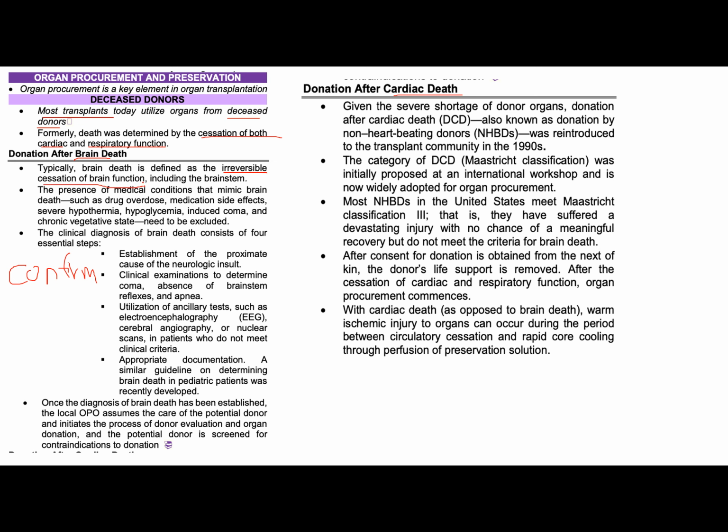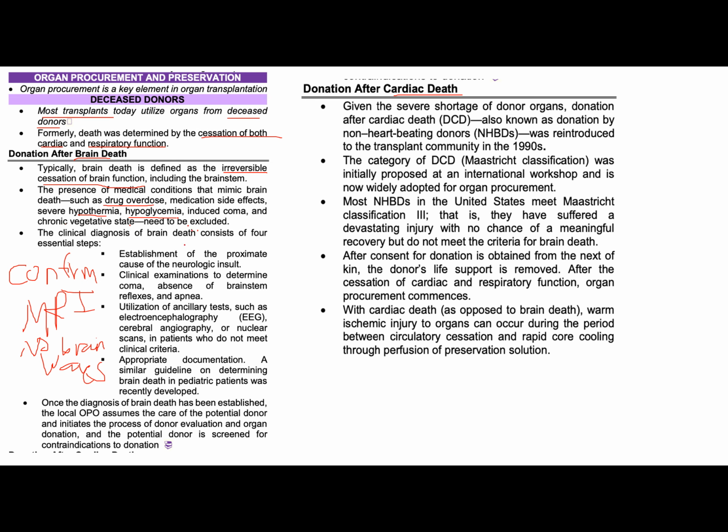From the word irreversible, class, the brain, pag in-scan mo yan sa MRI, the brain would show no brain waves. Basically, class, patay na talaga siya. Cessation of brain function, affecting specifically the brainstem. Now, the presence of medical conditions that mimic brain death, such as drug overdose, side effects, hypothermia, hypoglycemia, induced coma, and chronic vegetative state should be excluded.